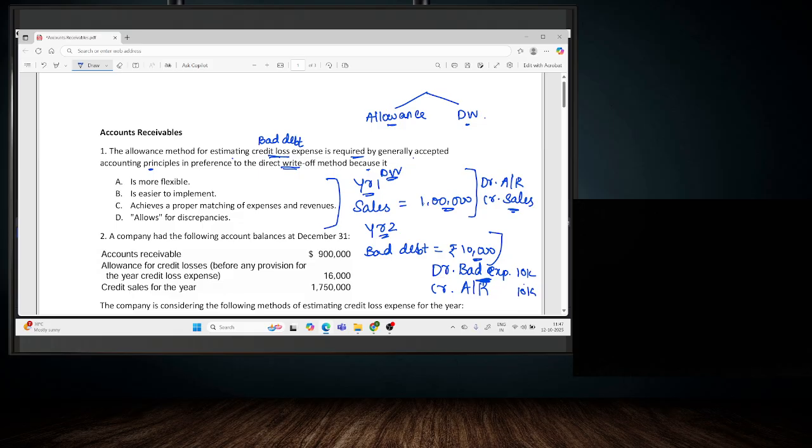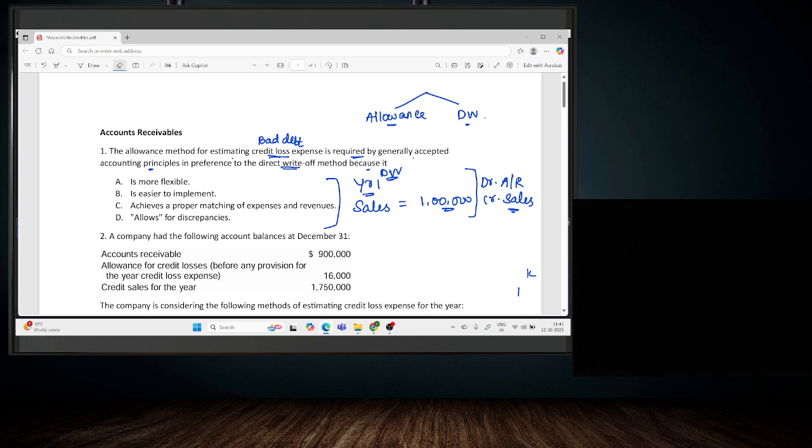Now how will it work under allowance method? How are we going to recognize bad debt expense under allowance method? Let's see. For example, let's say in year 1 you have sold goods worth 1 lakh rupees on a credit basis. You would have debited your accounts receivable and you would have credited sales. So revenue is recognized in year 1. So let's see how it works under allowance method.